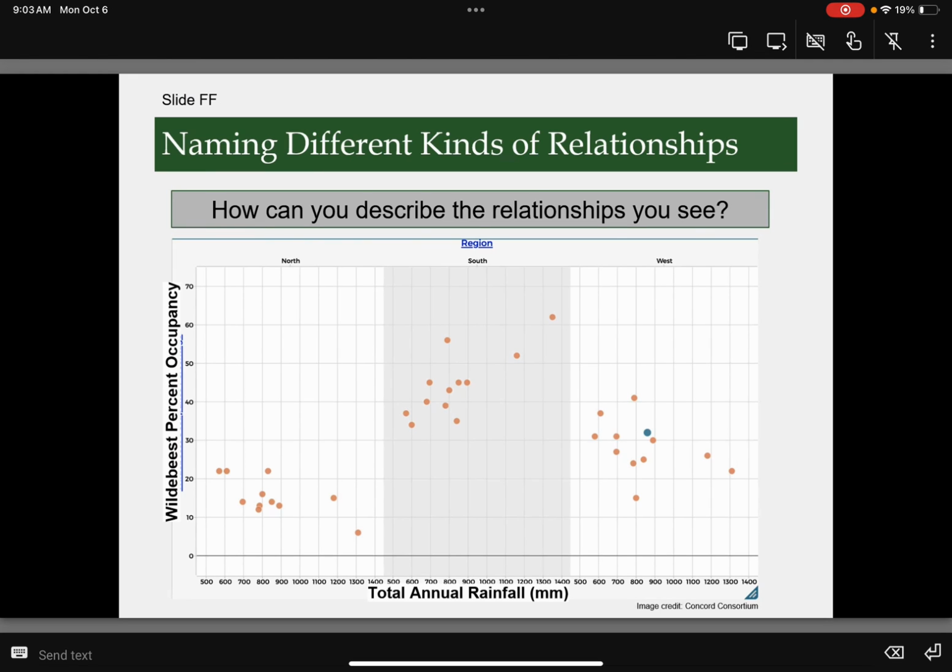What do we still need to figure out? What do we know about the South? Why are there so many wildebeest in the South? Why is the occupancy high there? Because where is it? Are there rivers there? Do we talk about them?